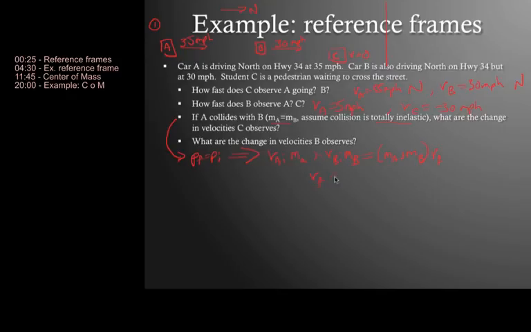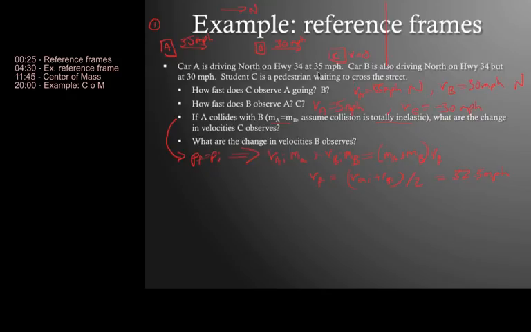Since all these m's are equal, they cancel out, and I just get a 2 over here, because this is 1 plus 1. This side is just m's. So I get V_A initial plus V_B initial divided by 2. What I get is 32.5 miles per hour.